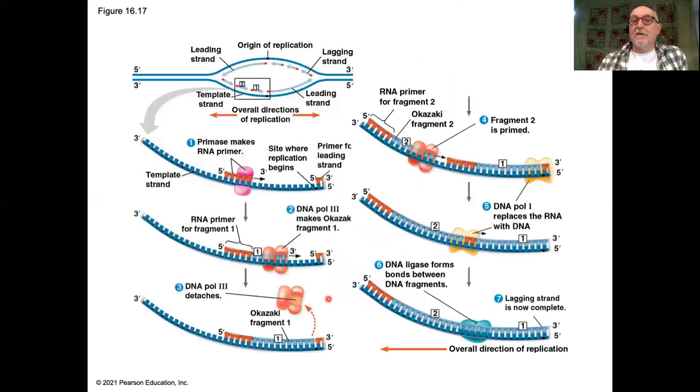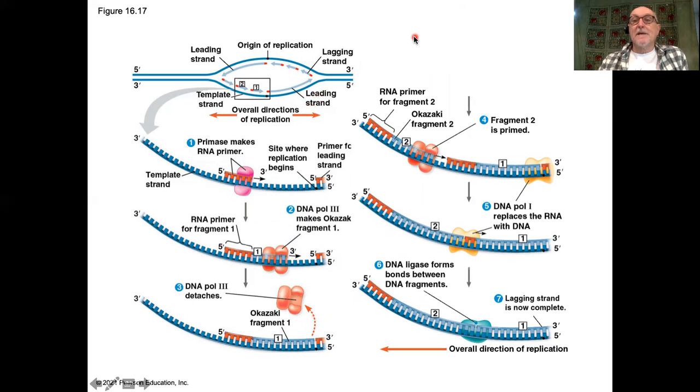What happens on the lagging strand is a little bit different. The lagging strand is the strand where the DNA has to be made in the opposite direction to the way that the strand is opening.